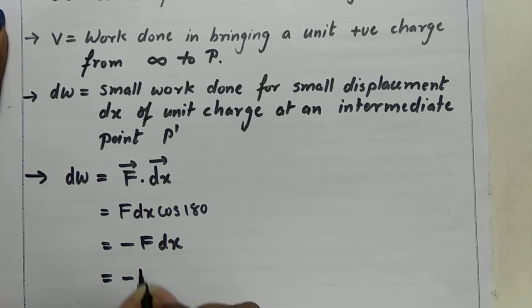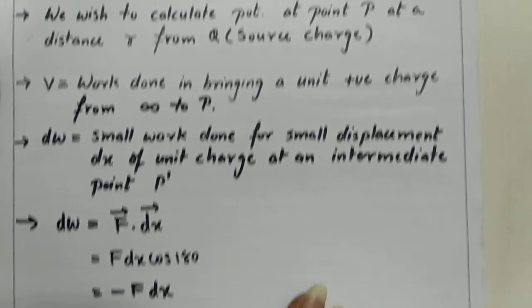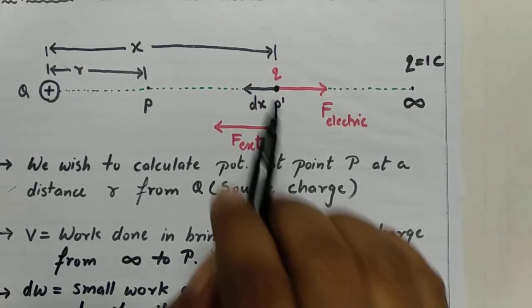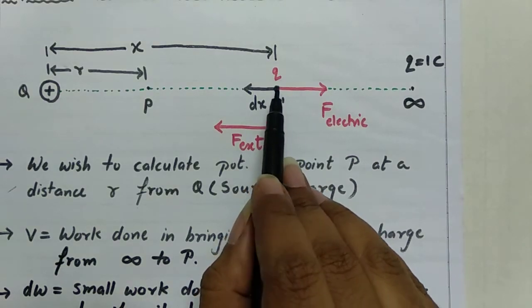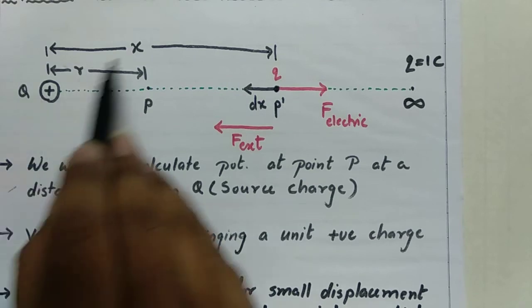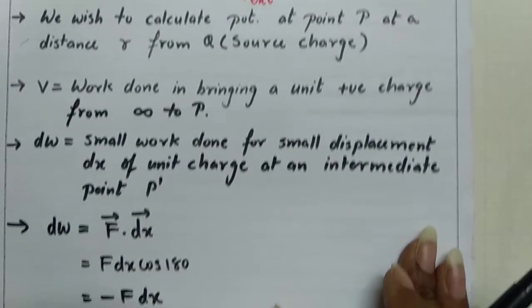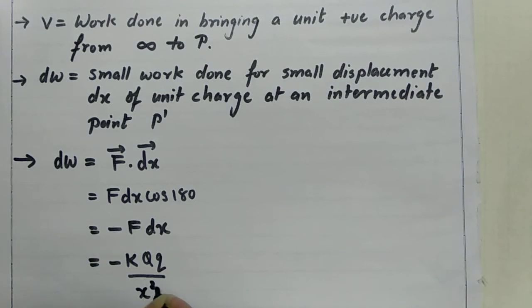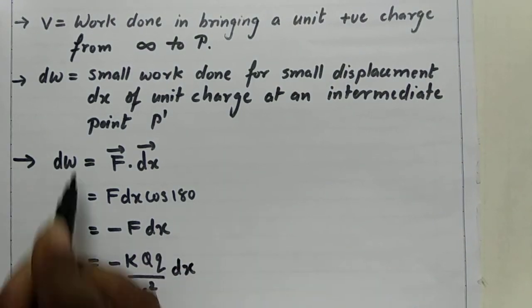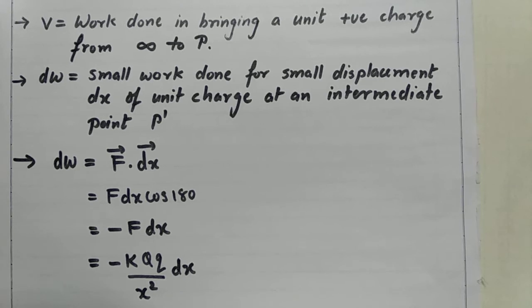So K, Q1 is our source charge, capital Q. Q2 is our test charge, small q, divided by the distance between the source charge and the test charge. I was displacing this test charge from this position, so the distance between the test charge and source charge is x. So instead of r square, I will substitute x square here. This dx as it is. So this is the value of dw.